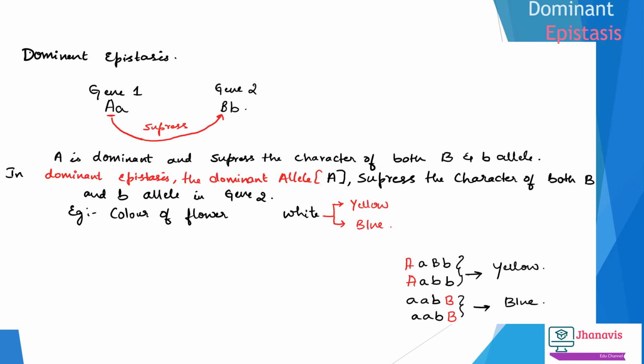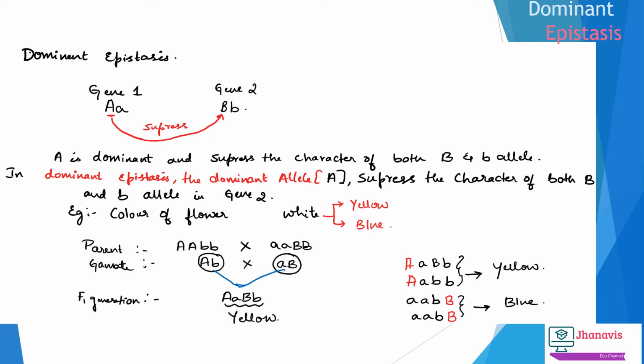When there is a cross between the yellow color and the blue color, the parents will be yellow and blue: capital A and small b stands for a yellow color. The small a and capital B will stand for a blue color.